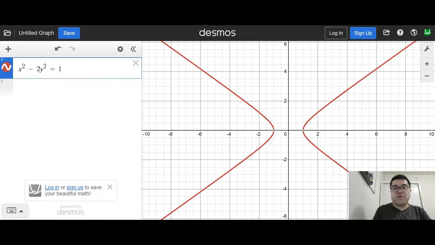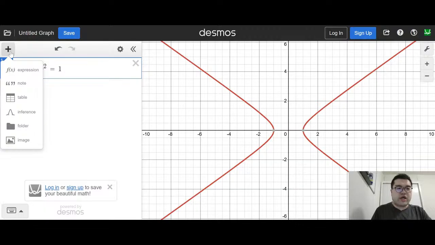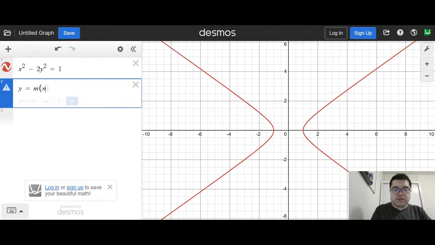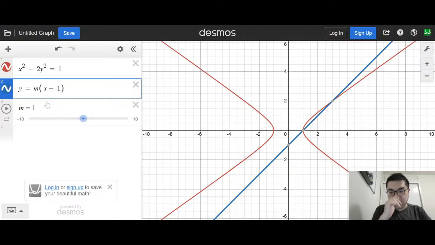It's actually a hyperbola that opens sideways. And then we add another equation here, y equals m times (x minus 1), so it will always pass through (1, 0), and we add a slider like this.